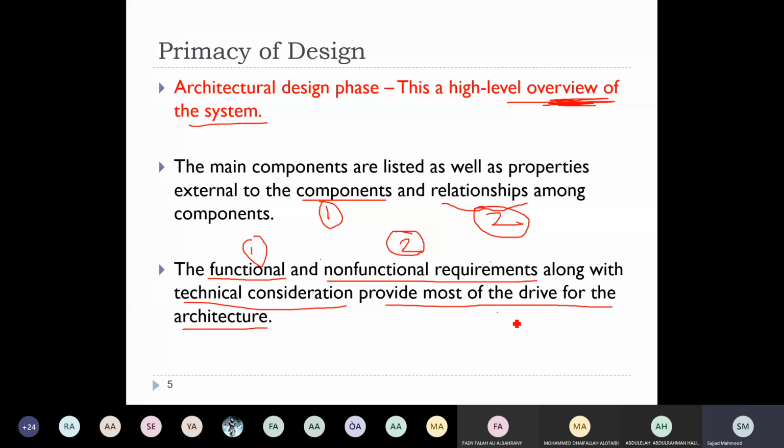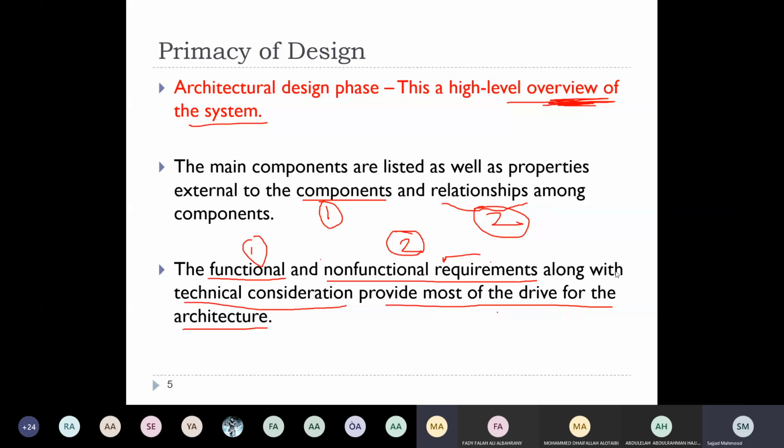Now, why non-functional? Functional, okay, you say, I know, functional makes sense. Why non-functional? Does it have anything to do with the architectural design? Doctor. Yes, please.